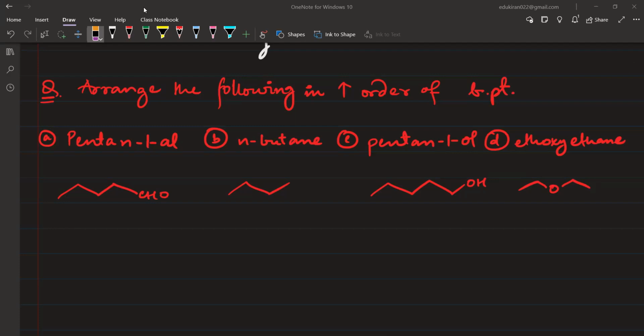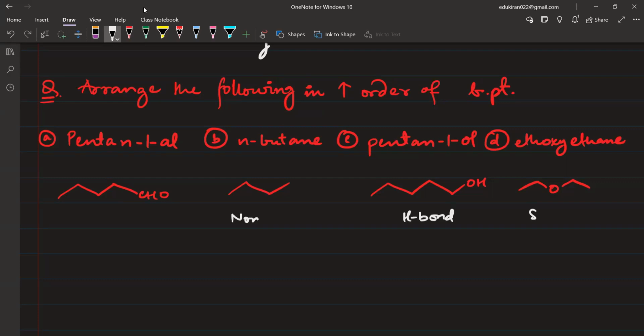Now, this is aldehyde, this is butane, this is ol, and this is ethoxyethane. First of all, I will classify them into hydrogen bonding, polar and non-polar. Pentan-1-ol obviously has hydrogen bonding because it is an alcohol. Ethoxyethane is an ether, it will have slight polarity, approximately non-polar, but more than that of butane.